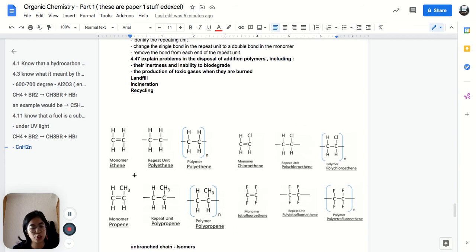Let me just show ethene as an example. For the monomer, they will probably ask how to draw a monomer of ethene. You would just draw that double bond, basically CH2, CH2. If you don't remember, the ethene molecular formula is C2H4, so you just draw the displayed formula. Then propene: the displayed formula I learned is like that.